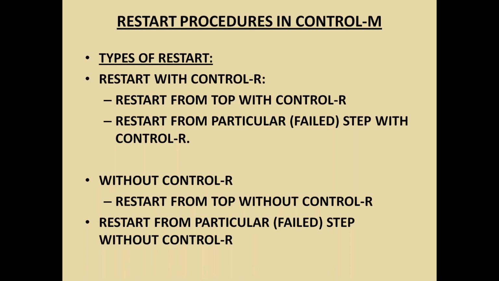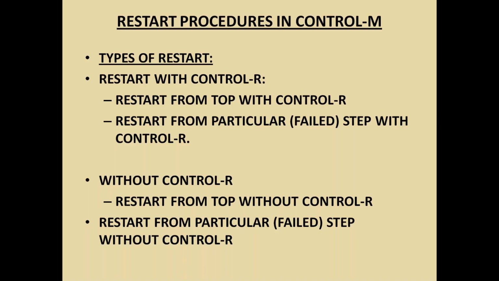Submitting the job again is nothing but rerunning the job, that is, restarting the job from your step 1. Then the application team will tell you to restart a job from a particular step. Suppose at step 10 they have done some JCL modifications, so now they want you to restart that job from a particular step. Even that we can do in Control-M.